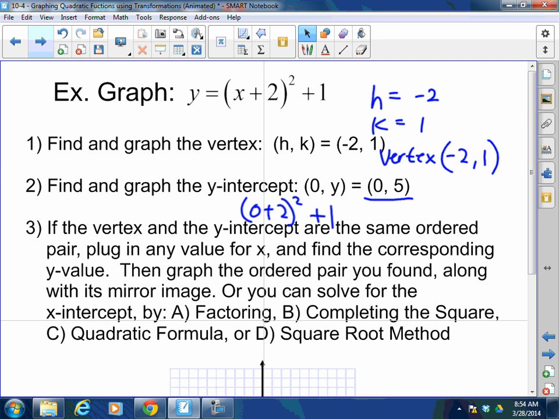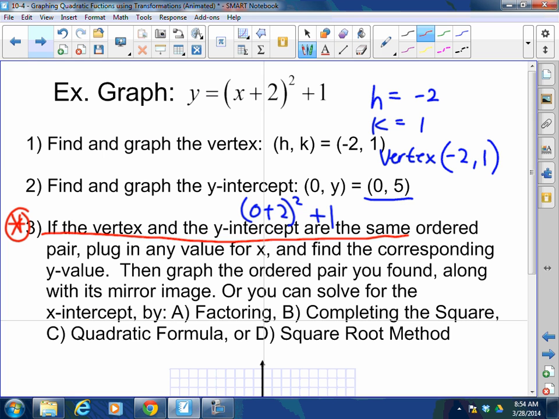Or you can solve for the x-intercept like we know how, by factoring, completing the square, using the quadratic formula or the square root method. But this only has to happen if the vertex and the y-intercept are the same.